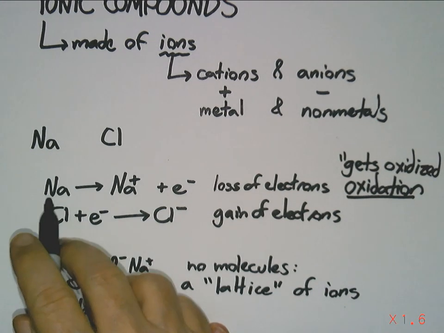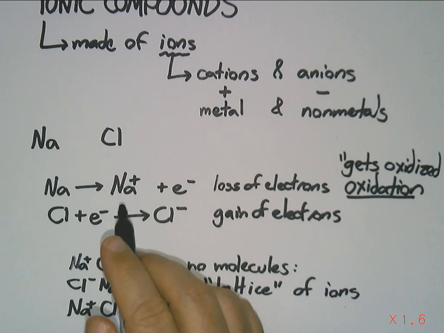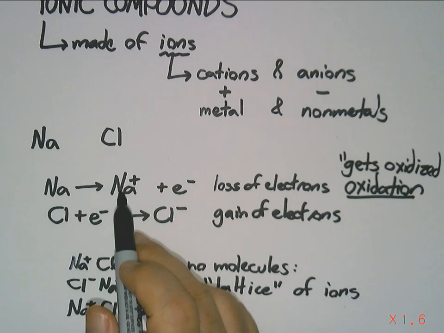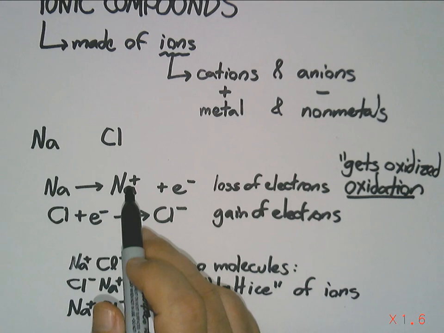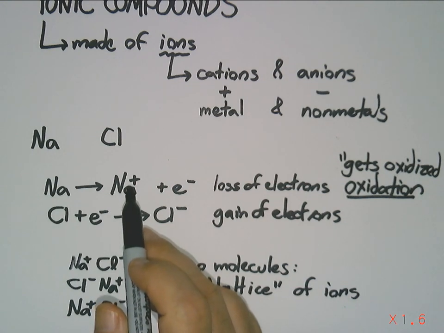So you can say here sodium gets oxidized. And usually if something is getting oxidized, you'll always see a more positive charge. The charge will rise. It will get more positive.